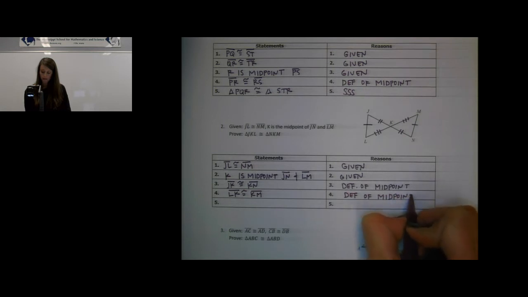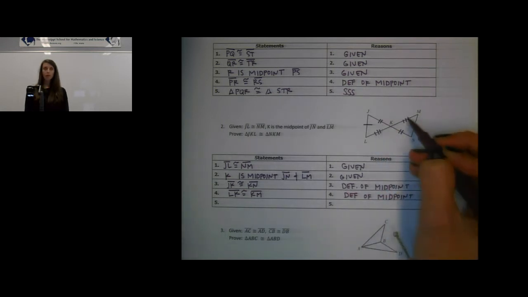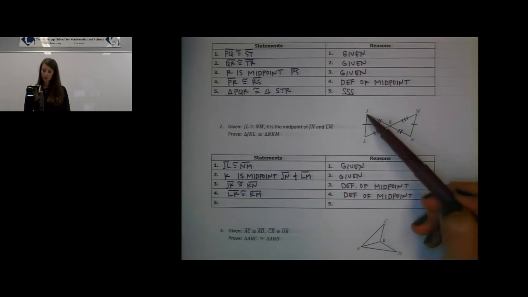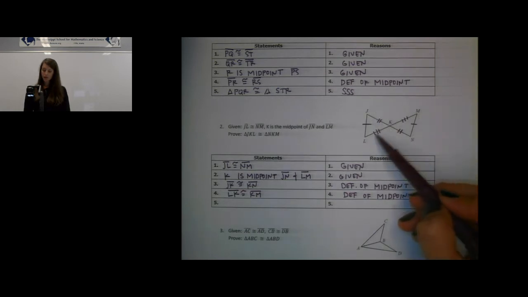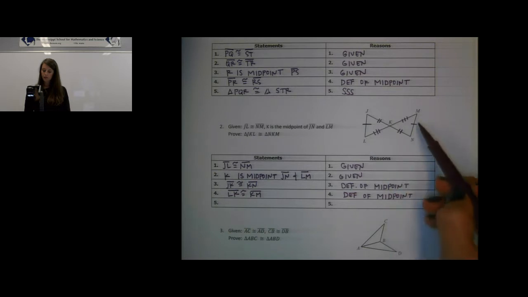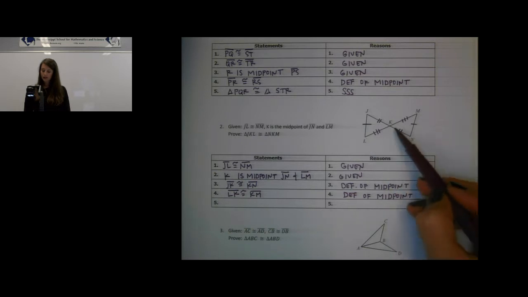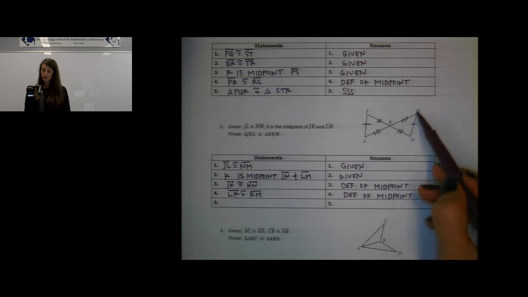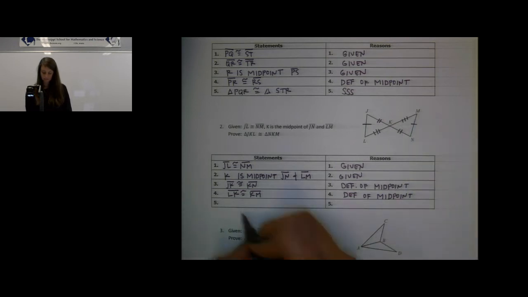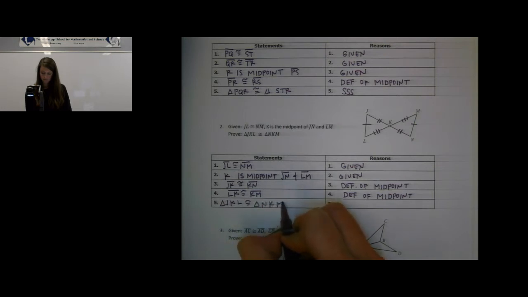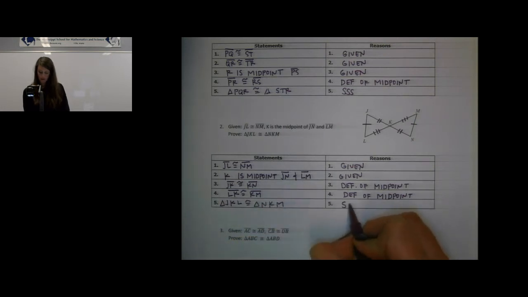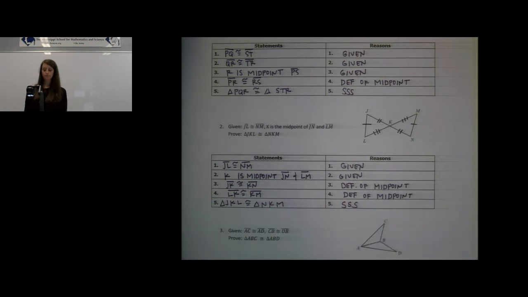So now you have all three sides congruent. So that means that triangle JKL is congruent to what? NKM, by side, side, side, because all sides are congruent.